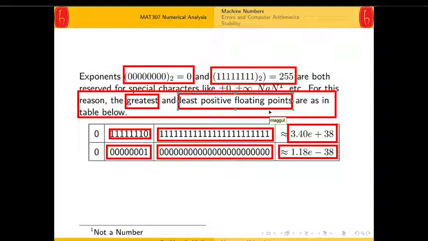But in the machine, since we can't represent infinitely many numbers, there are gaps between numbers. So the gap between 0 and the next number will be this much. This is the very first number after 0.